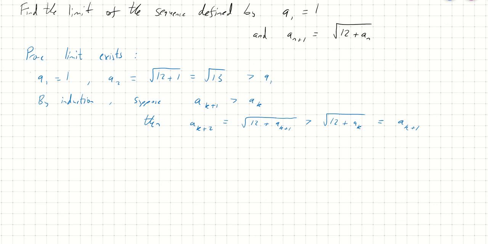So since a2 is greater than a1, and a(k+1) greater than a(k) implies that a(k+2) is greater than a(k+1), by induction, a(n) is an increasing sequence.